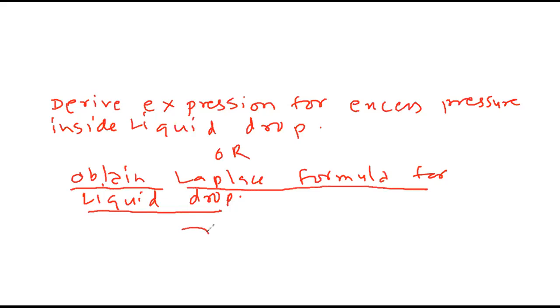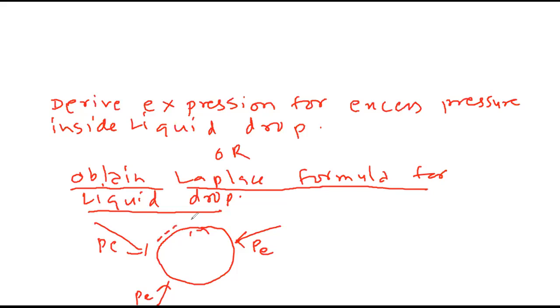So if this is a liquid drop, it will be acted upon by atmospheric pressure from outside. Suppose we write this as P external. Excess pressure means there is extra pressure inside, so there is always flow from inside to outside, high to low. Suppose this slightly expands.